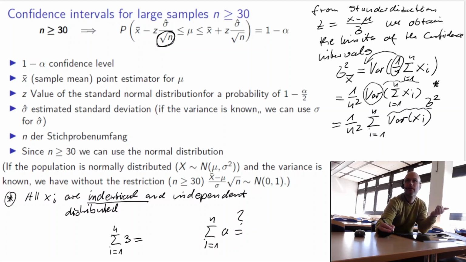This means 3 for i is 1 plus 3 for i is 2 plus 3 for i is 3 plus 3 for i is 4.